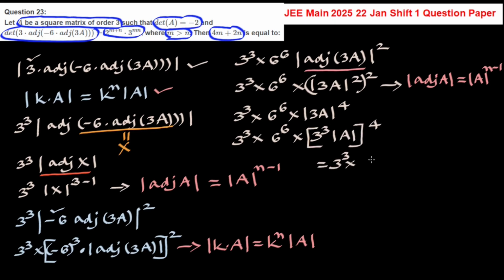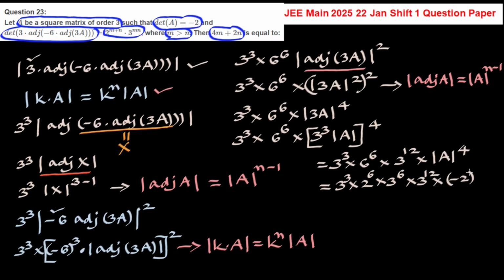That will be 3 cube into 6 raised to 6 into 3 to the power 12 into determinant of A to the power 4. 3 cube 6 raised to 6 is 2 raised to 6 into 3 raised to 6 into 3 raised to 12 into determinant of A is given to be minus 2 raised to 4.